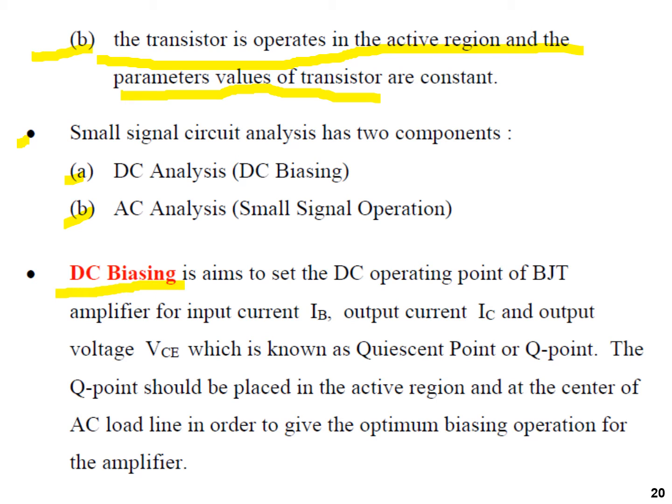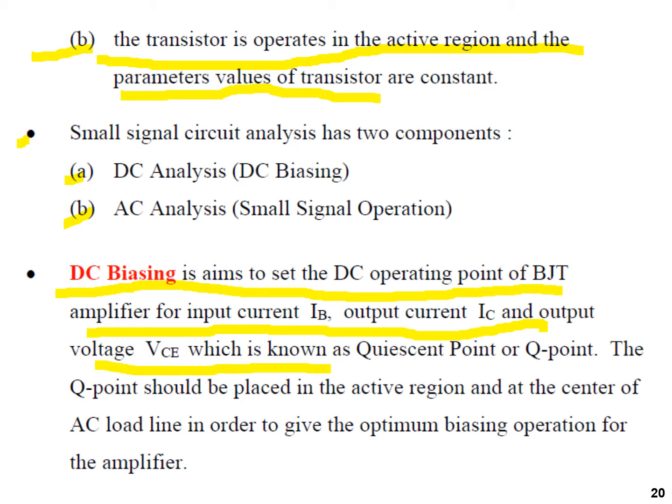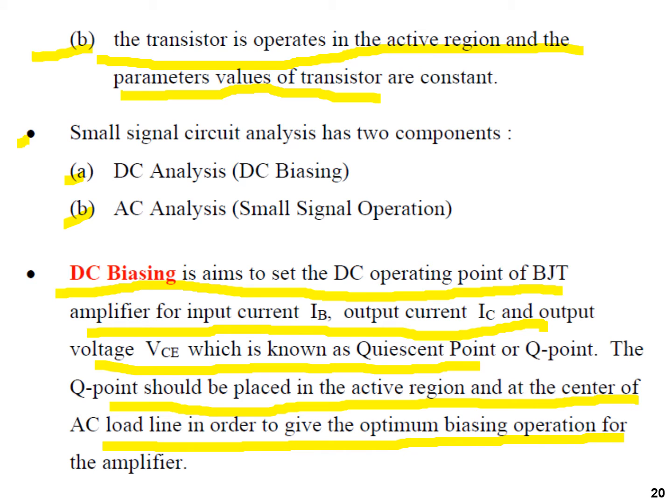DC biasing aims to set the DC operating point of the BJT amplifier for input current IB, output current IC, and output voltage VCE, which is known as the quiescent point or Q point. The Q point should be placed in the active region and at the center of the AC load line in order to give the optimum biasing operation for the amplifier.